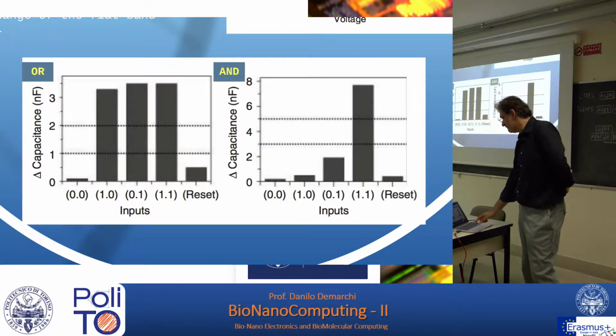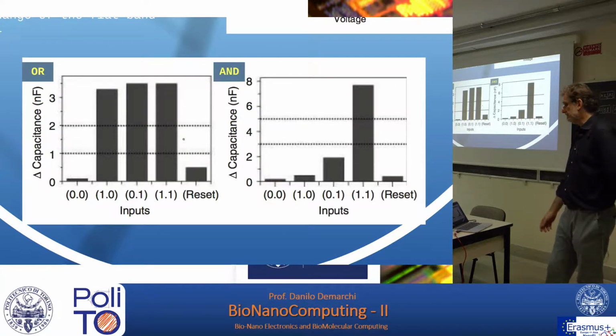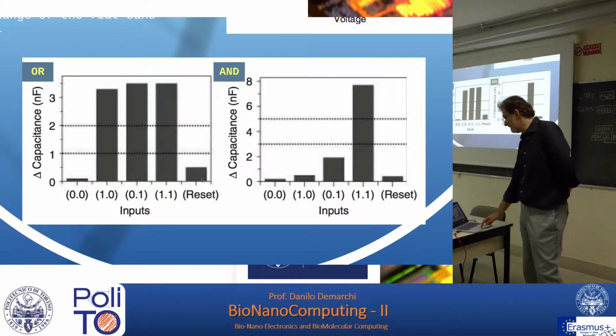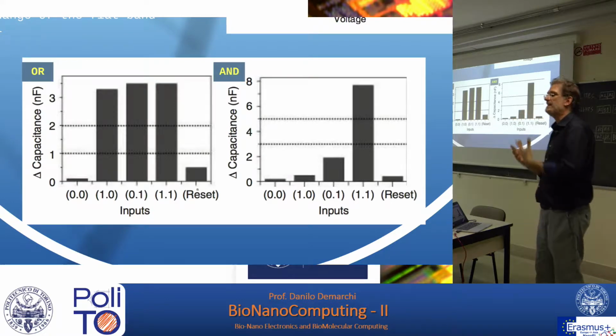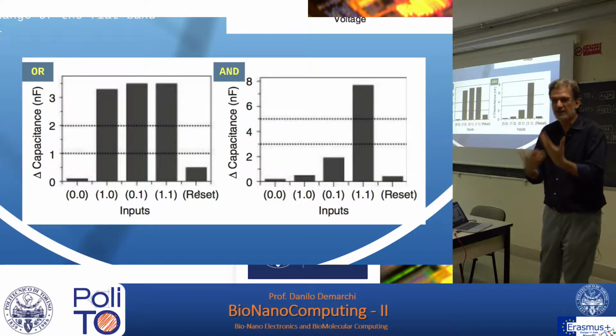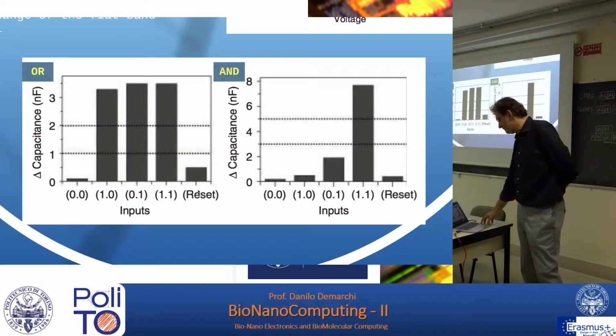And here are the different changes in capacitance depending on the two gates. So you see, after the reset, again, biological system, I don't come back to the real zero, okay? The biological systems are more complex and less precise, but it works.